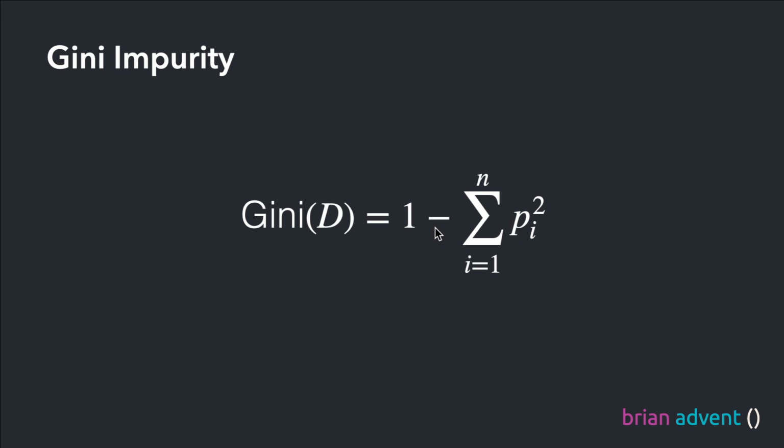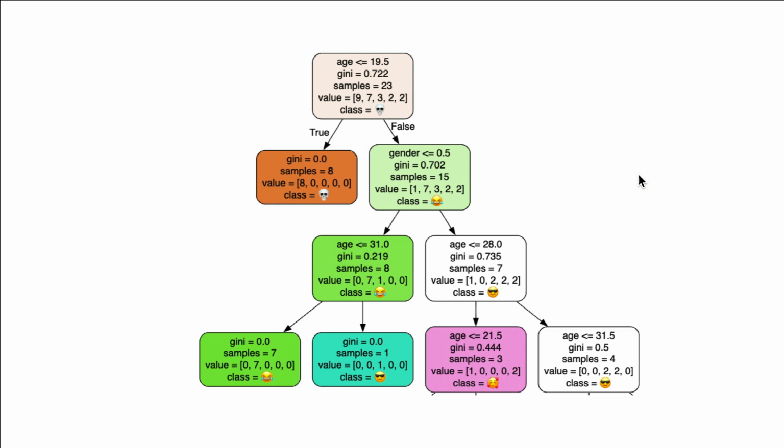So a Gini impurity of 0 means all elements belong to one class, so it's perfectly pure, and a higher Gini impurity means the data is more mixed up or more impure. So looking at that now in the context of our decision tree visualization, the Gini impurity ranges somewhere between 0 and 1, where 0 indicates that all elements in the node belong to a single class, so we have a pure node.